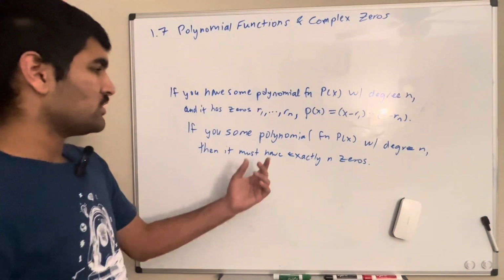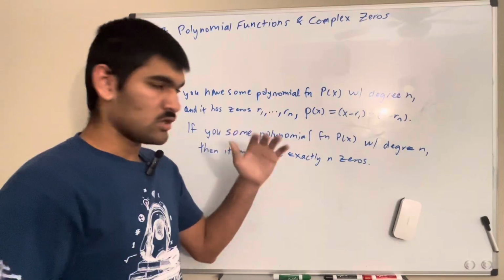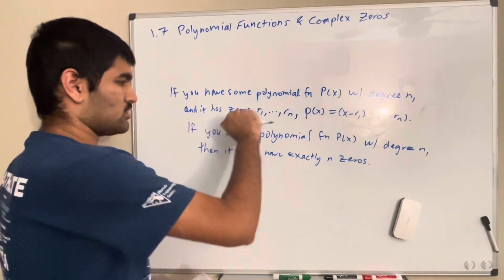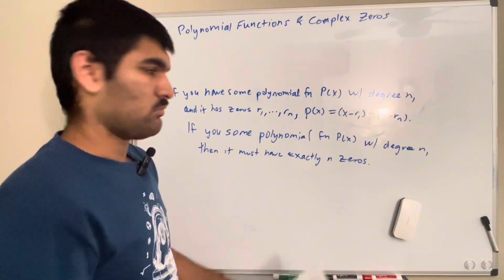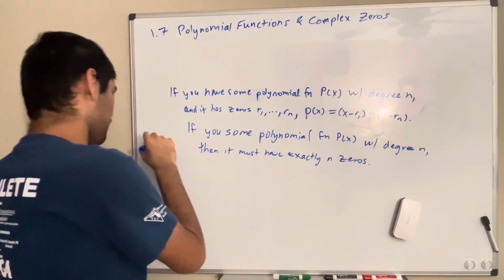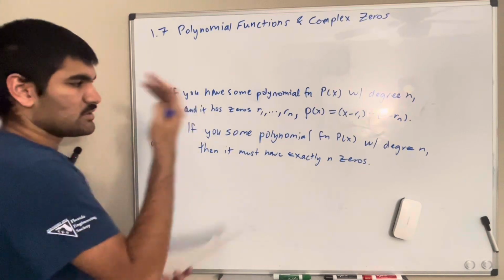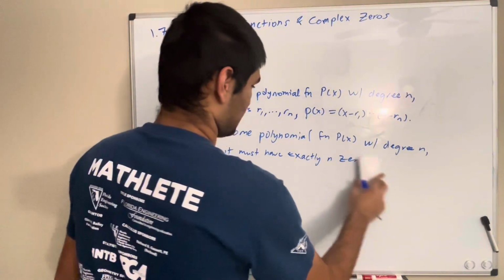And an important note is that these zeros are in the complex numbers. They could be real or complex, but they all have the form a plus bi, right? Okay, but that's pretty much what the fundamental theorem of algebra is saying.